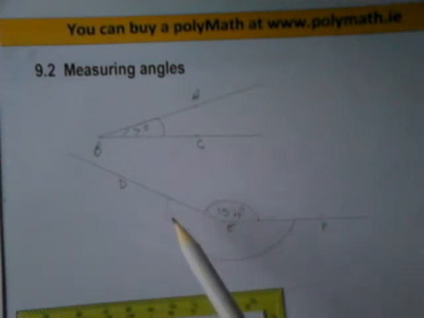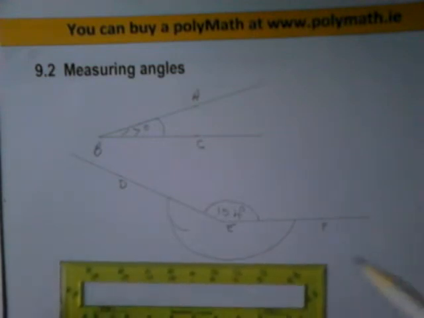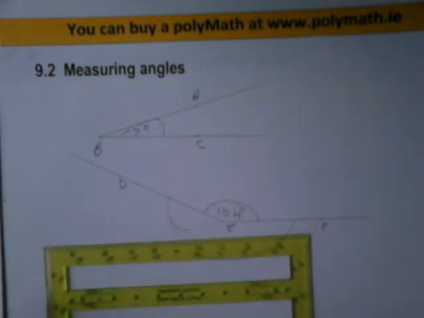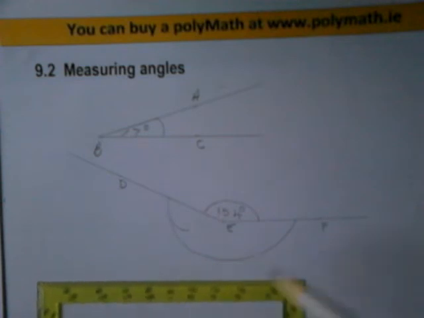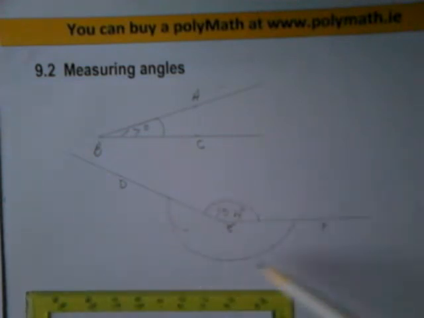And it's less than a full circle, which is 360. The protractor will only measure as far as 180 degrees, so I couldn't use the protractor to directly measure that.